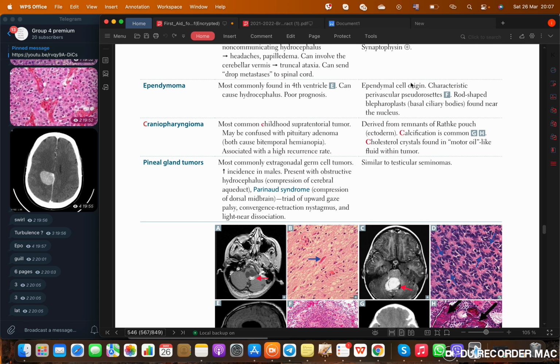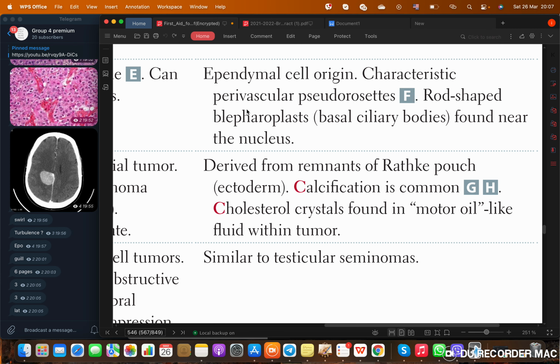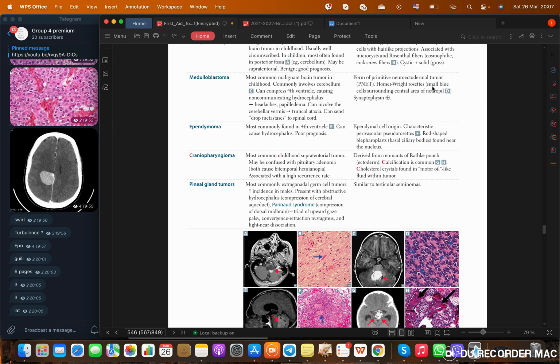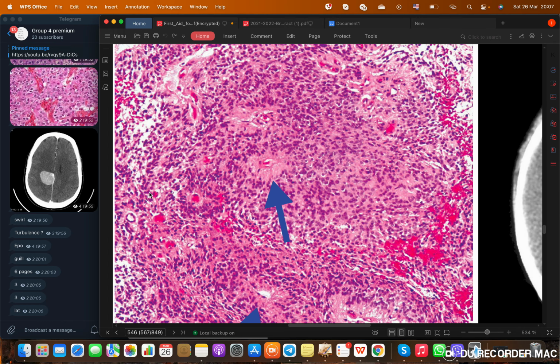Ependymoma, most commonly found in the fourth ventricle. It comes from ependymal cells, which cover the ventricle, and can promote hydrocephalus, and it has a poor prognosis. Ependymal cell origin, and the characteristic will be perivascular pseudorosettes. So, like the Homer Wright rosette, but the only difference in this case is that it will be surrounding a blood vessel.